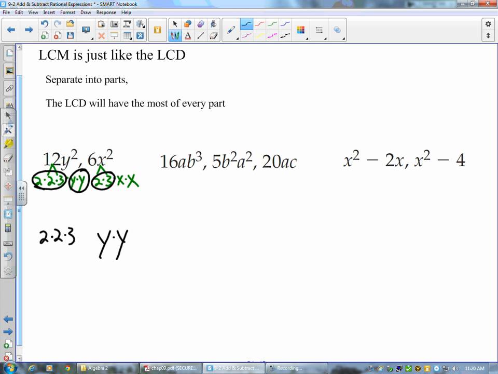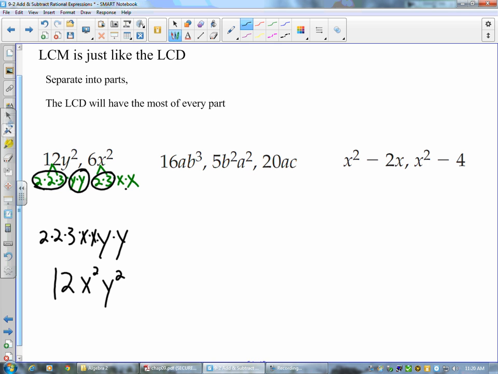And this one has no y's, so we need to have some x and x's in it. So I'm going to put them in order, times x times x. That's going to be what our least common multiple will be. So 2 times 2 times 3 will be a 12. x times x will be an x squared, and y times y is a y squared.